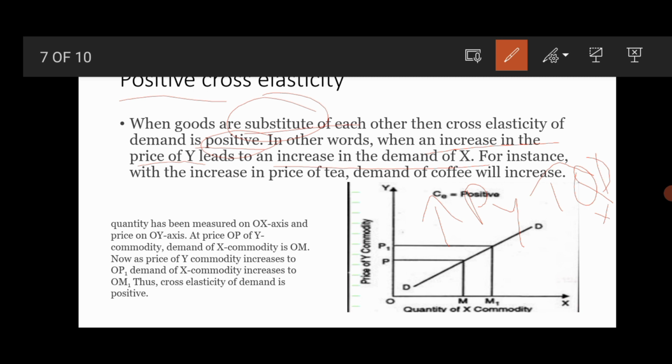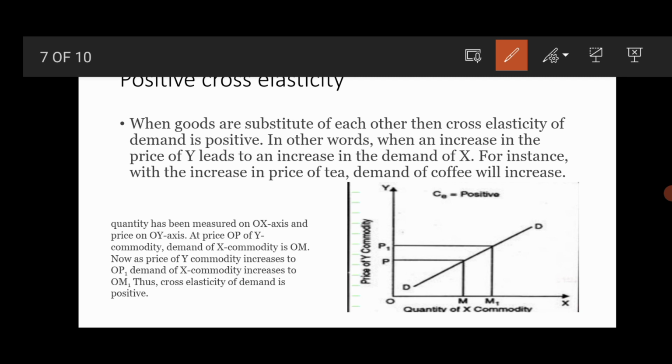So what is the example? Increase in the price of tea may lead to increase in the demand of coffee. So when the price of tea increases, the quantity demanded of coffee is going to increase. So here you can see the positive relationship.